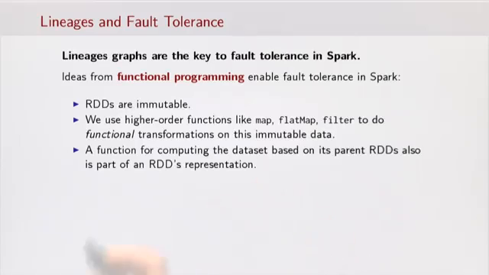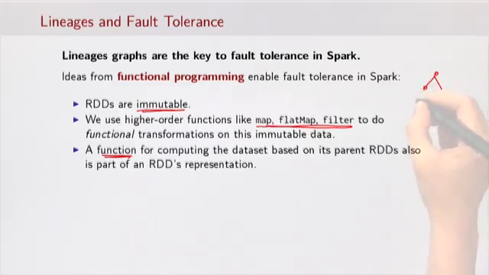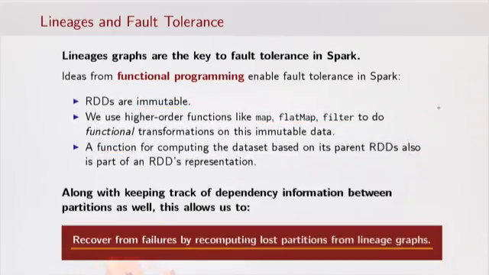So with these three aspects of Spark's design, RDDs being immutable, everything being essentially higher order functions, and passing functions to these higher order functions, and building a directed acyclic graph, a tree of transformations out of that, we can actually recover from failures by recomputing lost partitions from these lineage graphs.